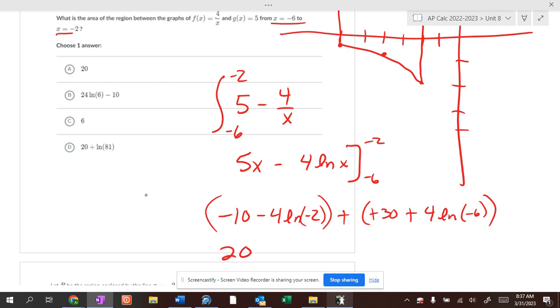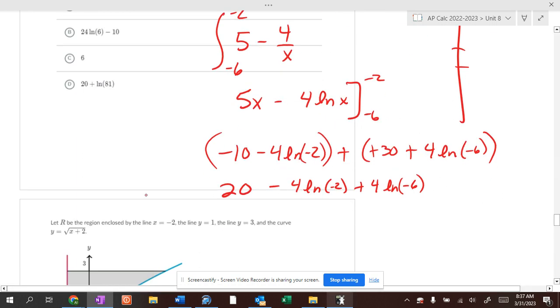And then negative 4 ln of negative 2 plus 4 ln of negative 6. Let's change the order of those two, because then let's put the positive in front. So let's go 20 plus 4 ln of negative 6 minus 4 ln of negative 2.